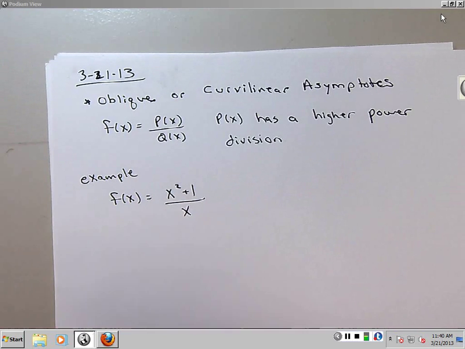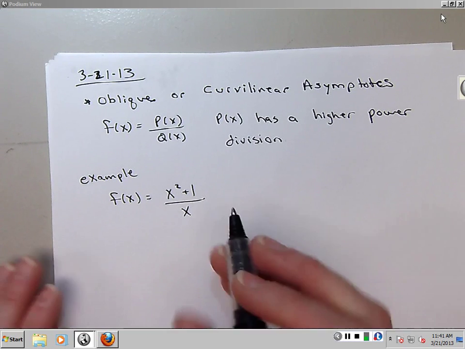This one's really easy to divide because the factor is x. If I looked at the end behavior as x goes to infinity, clearly it goes to positive infinity, and as x goes to minus infinity, it goes to minus infinity. So I know there's no horizontal asymptote, but that doesn't mean there's not a curved asymptote where I'm approaching some function. Anytime the power of x in the numerator is higher than the power of x in the denominator, you have the potential to have a curved asymptote.